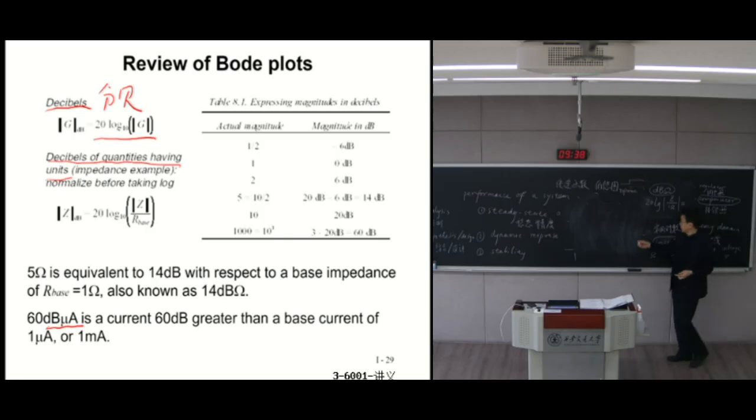We're talking about microamp, so this is a current. Let's say the current is Ix. Because we're talking about dB microamp, that means we're using 1 microamp as the base quantity. You compare this current with 1 microamp, and that comparison is then used to take the logarithm and multiply by 20.